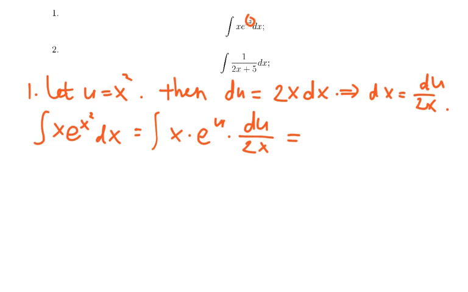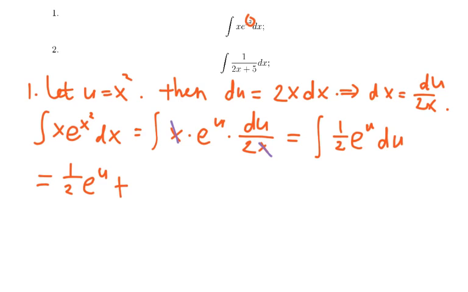You can see this x in the numerator and this x in the denominator can be cancelled. What we have is the integral of 1/2 times e to the u du. Its antiderivative is obvious, and it is equal to 1/2 times e to the u.